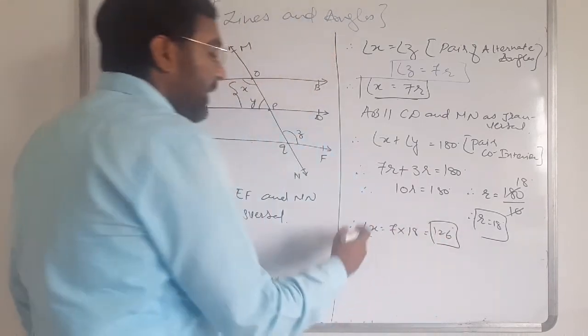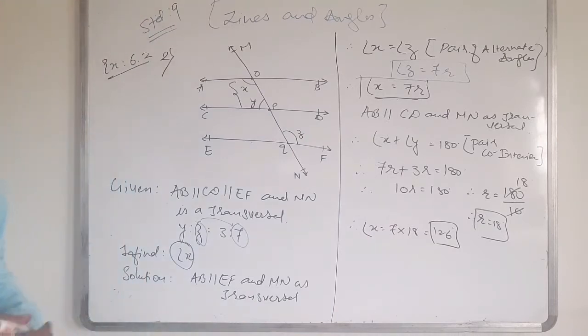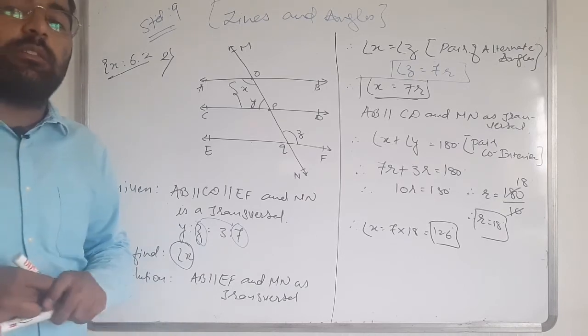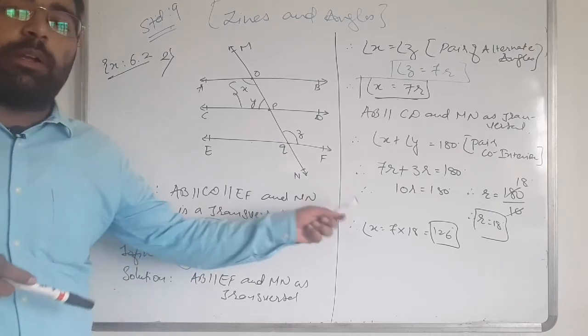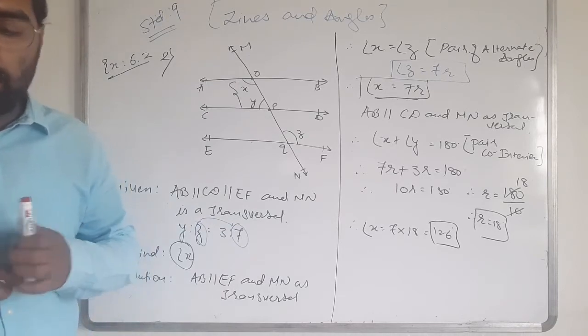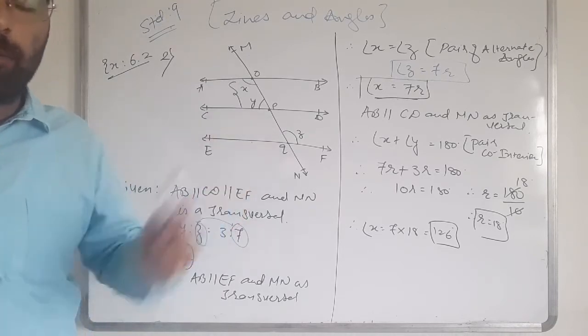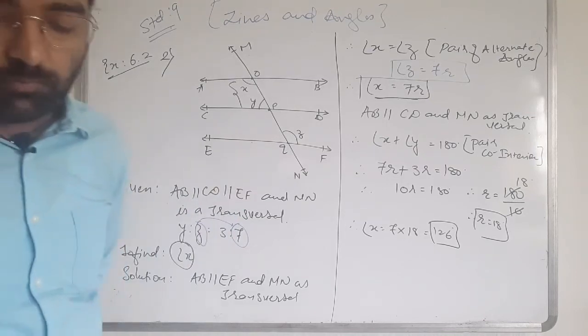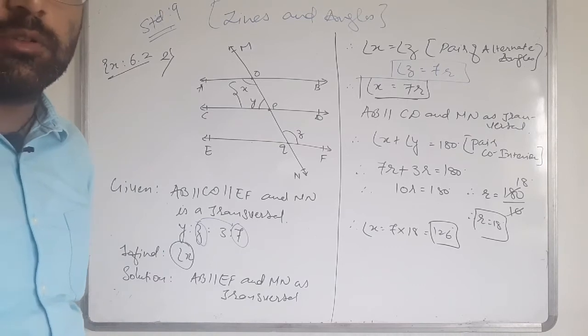So my angle X is equal to 7 into 18, that is 126 degrees. Okay, clear? Now you have to note down this question.